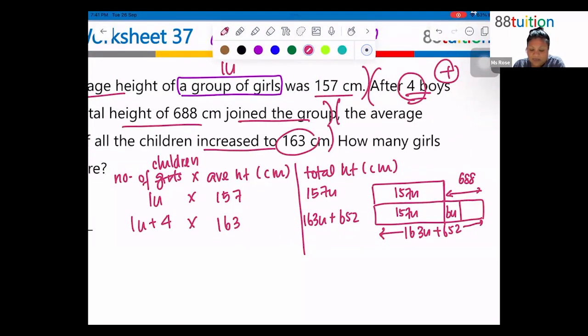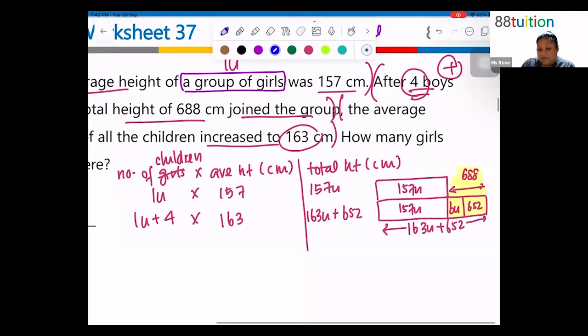So this is your 652. So if you look at just this part here, it equals how much? That means 6 units will be 688 minus 652 to give me 36.